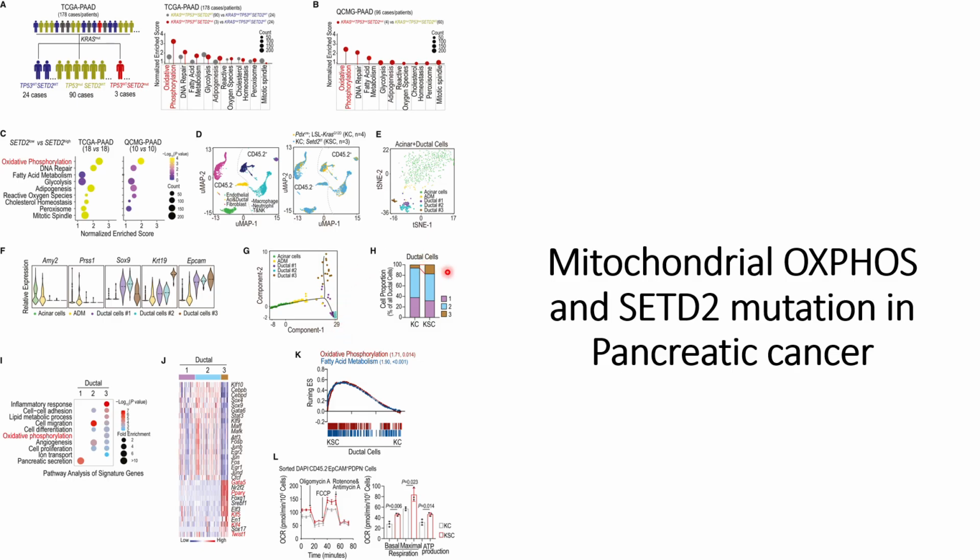They checked this using KC and KSC, and found that in the case of KSC, the differentiation seems to be higher toward the third ductal cell population compared to the KC cells.